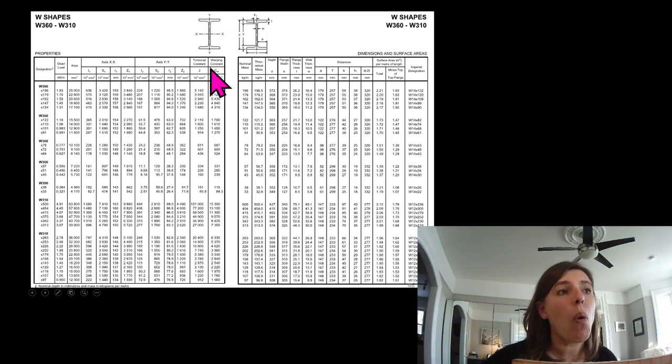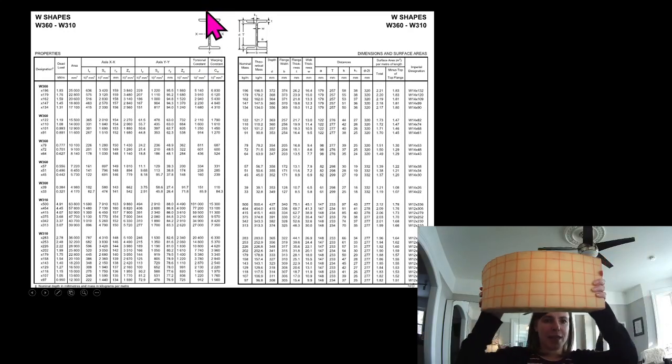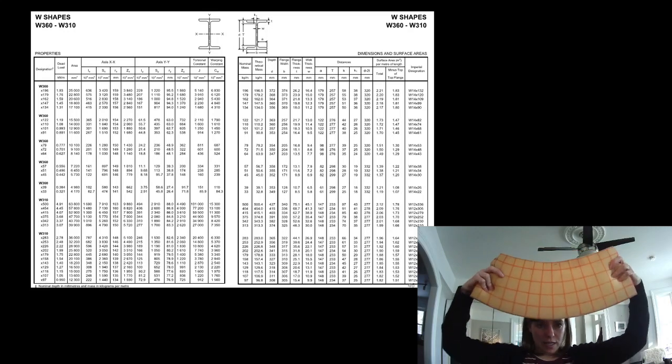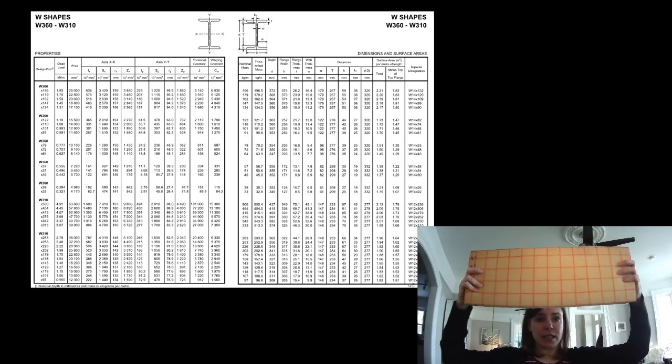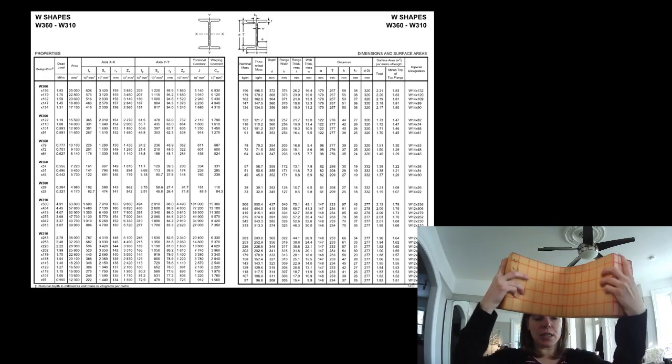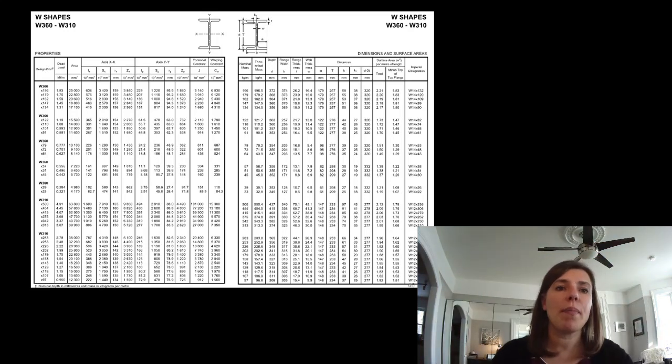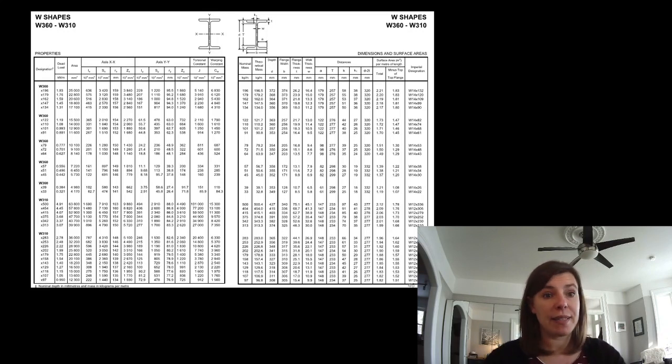The YY axis right here is saying that we're bending it like this. So XX is our strong axis and YY is our weak axis. That's going to be important when we talk about buckling in a couple weeks as well.